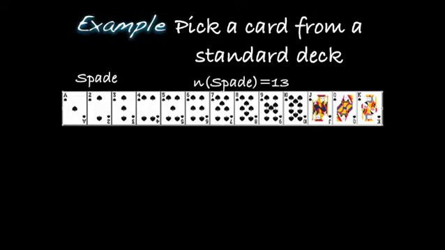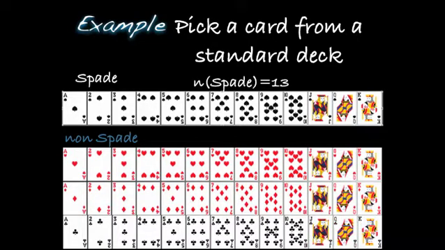The event of picking a spade. There are 13 spades in a deck of cards. The ace of spades, the 2 of spades, up to the 10 of spades, the jack, the queen, and the king of spades. The complement of a spade is a non-spade. All the cards in a deck that are not spades.